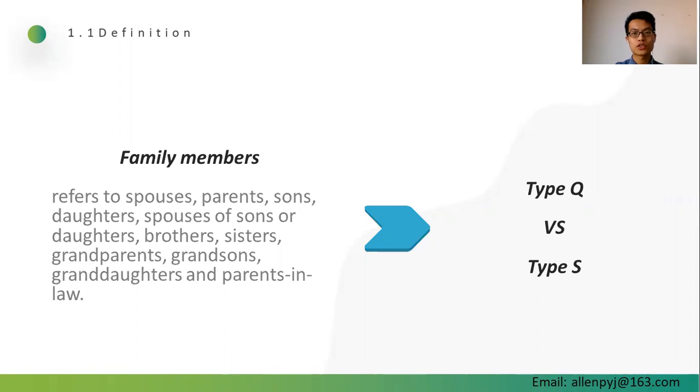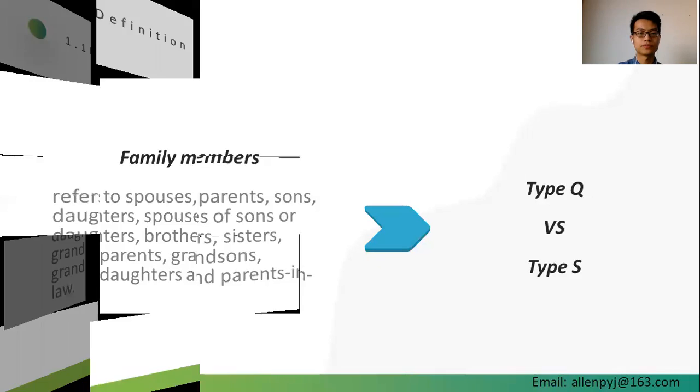So there are two types of family visa, Type Q and Type S, and they are each divided into Type 1 and Type 2 because of the validity. Let's take a look at them one by one.